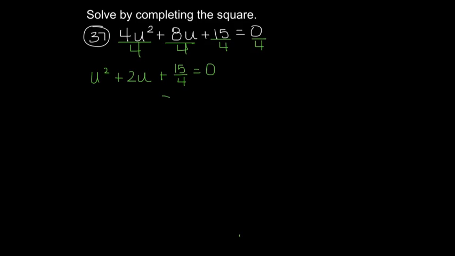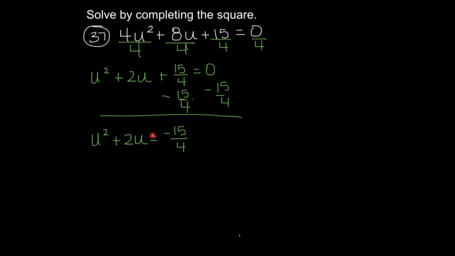I'll subtract the 15 fourths now because I have to move the constant over, which leaves me with u squared plus 2u equals negative 15 over 4. To decide what number to add to both sides, I will look at my linear coefficient, which is 2.